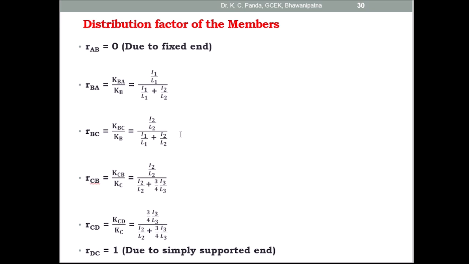In this manner the iteration is performed in successive cycles of operations till the values at the joints become insignificant. Then the iteration is stopped and the moments at each joint are algebraically summed up. Then the sum of the moments at the end of each span at a joint is the required final end moment.